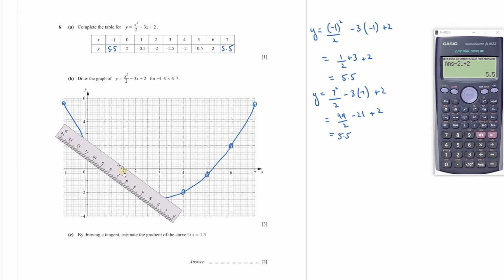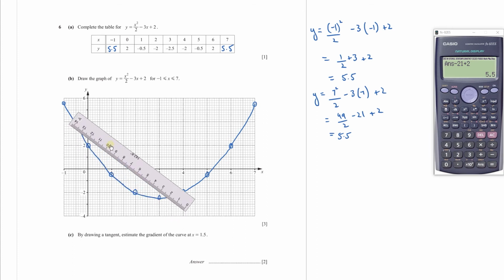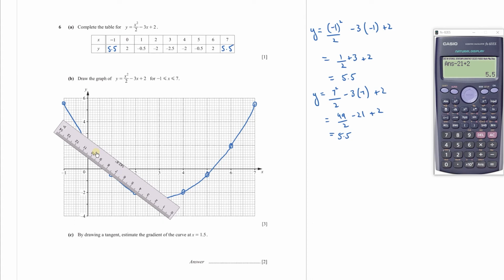So let me try to align it again. Okay, so this looks like it will touch this graph at this point, which is the x value 1.5.